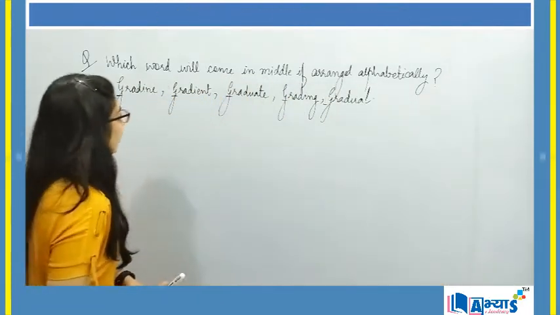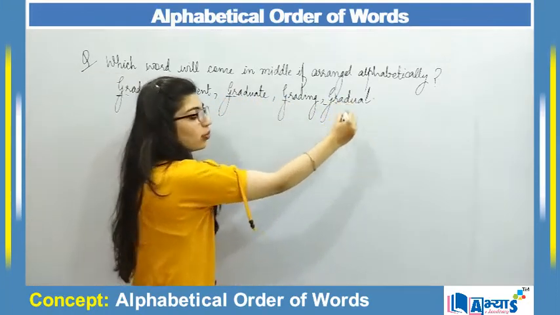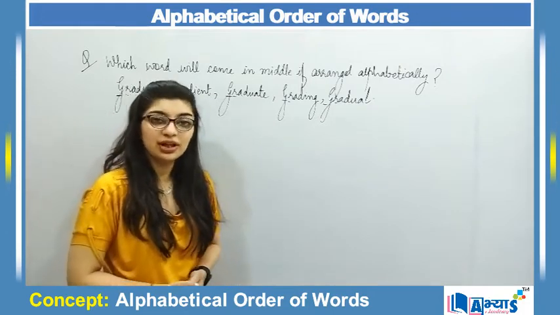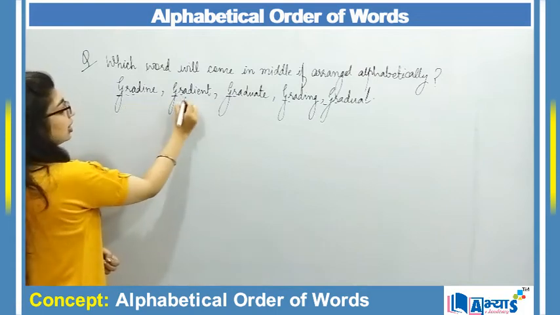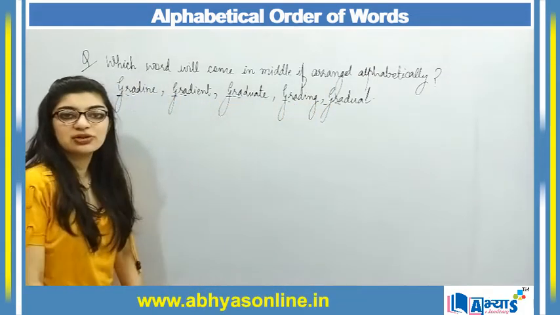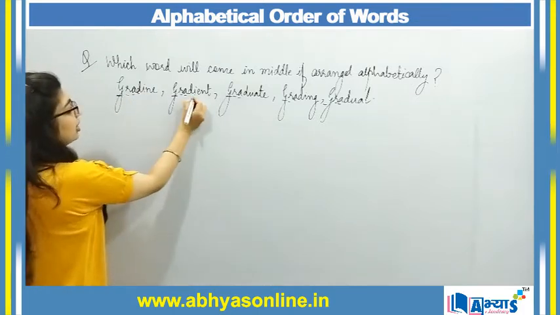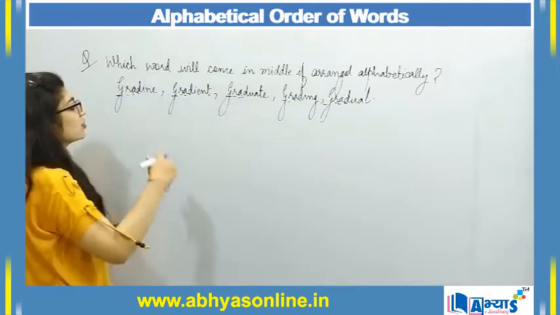When I switch to the next letter, I see that R is also common in all the 5 words. Still I cannot make the decision, so I switch to the third letter. When you switch to the third letter, you can see that the third letter is also common in all the 5 words. I switch to the fourth letter. I see that D is common in all the 5 words. I switch to the next letter.